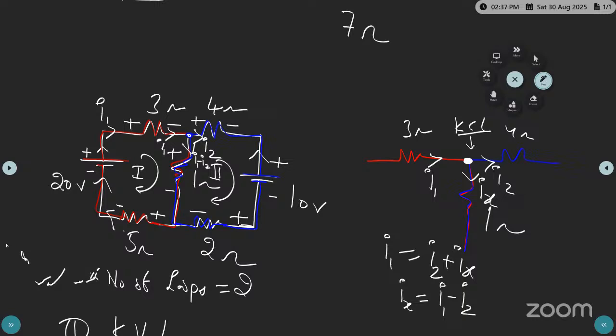What is the common current here? I1 minus I2, not I1 plus I2, not I2 minus I1. So by applying KCL at a node, it happens to be I1 minus I2. Right? Next step.